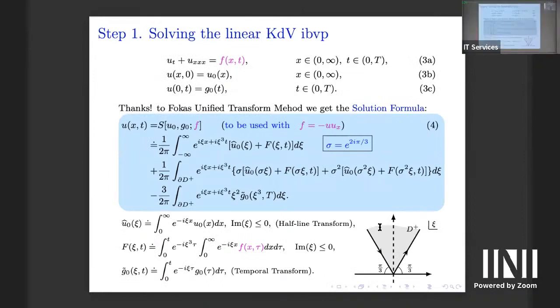So you're assuming that this function f is general, right? So have you ever thought about f being non-local in the sense of the Camassa-Holm equation? So you have the inverse of the Helmholtz operator, for example. And what kind of difficulties would that bring?